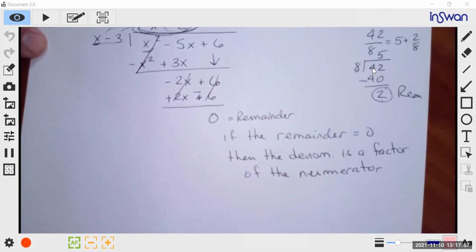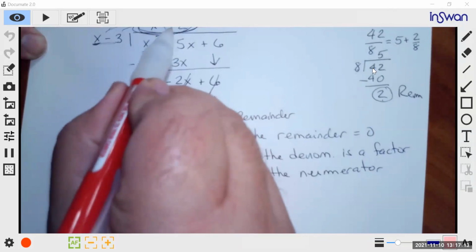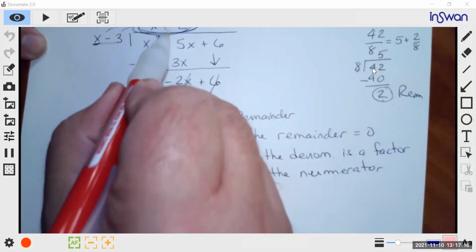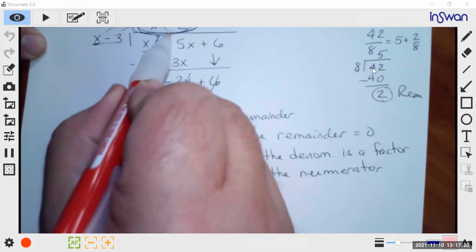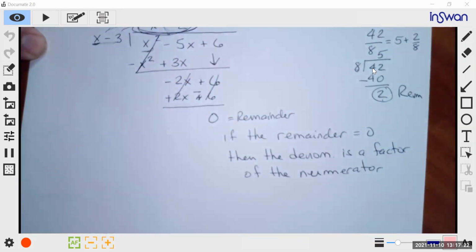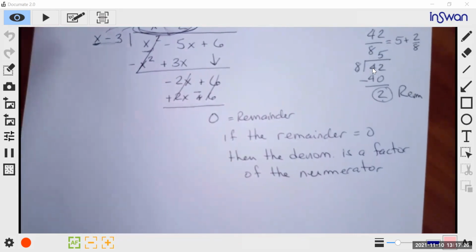If the remainder is 0, then the denominator is a factor of the numerator. And whatever is on top, whatever the resulting answer, this is called the quotient. That's also a factor. We can go further now. So far, so good.